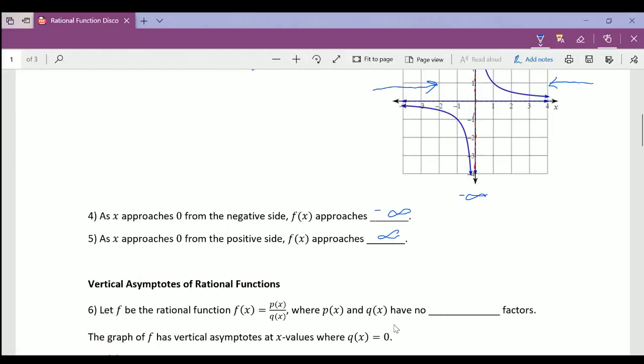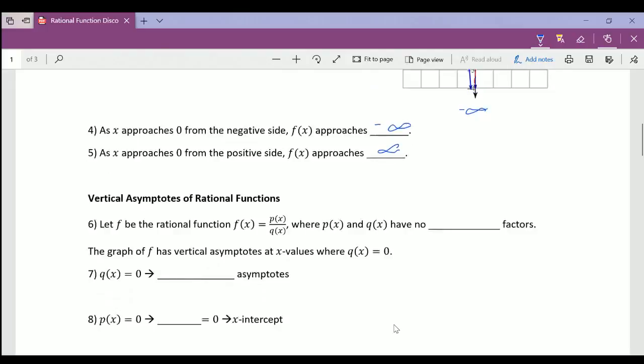All right, here we go. Let f be a rational function in that format, the numerator p of x, denominator q of x, and they have no common factors. Okay, everything that happened in my previous video in this trio that's going to be coming out, we're not worrying about the part about canceling anything out.